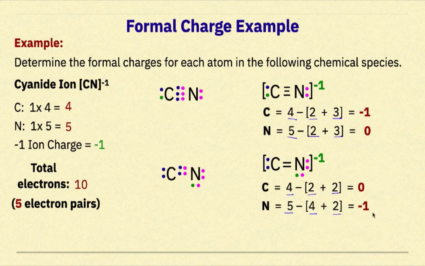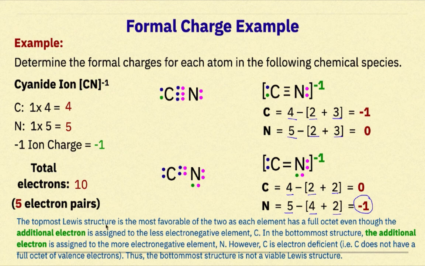Now, if we were trying to determine which one is the better structure, typically we would go with the one where the extra electron is with the more electronegative element, which in this case is definitely nitrogen. But there's other things to consider here.